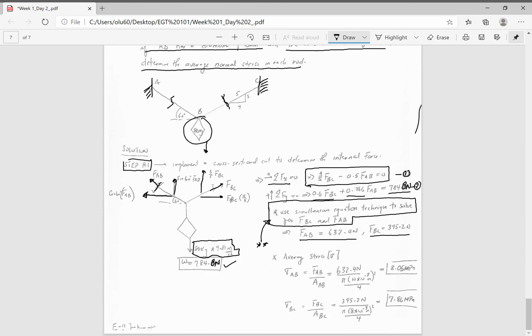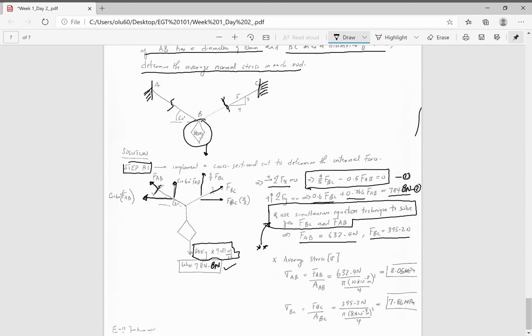Once we've found the forces AB and BC, we can take it a step further because we know that stress is nothing more than force over area. Stress AB has force AB over area AB, and stress BC has force BC over area BC.